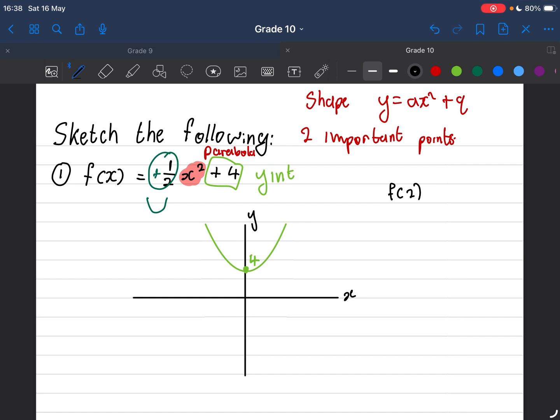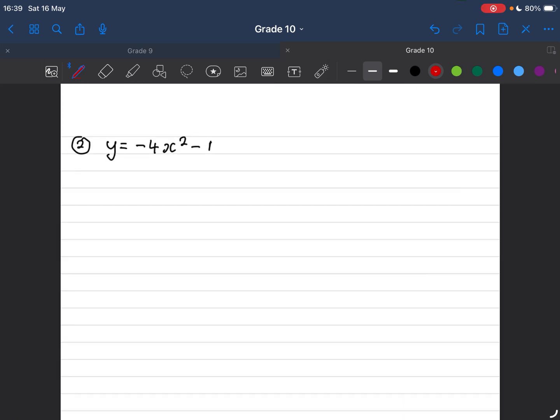So f of 2 is equal to a half times 2 squared plus 4, which is going to be 6. So we're going to have the coordinate (2; 6) on our graph. Once you've got the correct shape and you've got two coordinates, you are done. All right, let's move on.